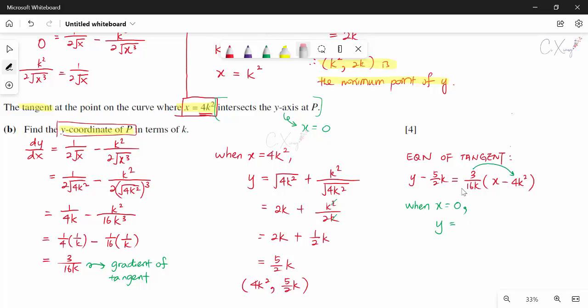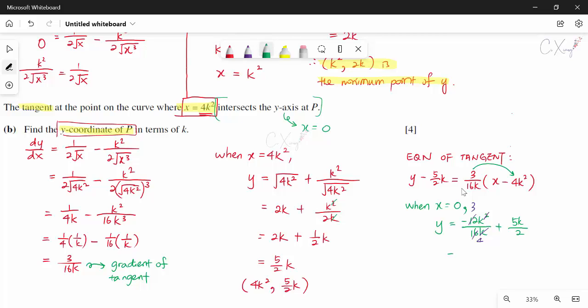What do you get? You have negative 12k squared divided by 16k, plus 5k over 2. From here, you can further simplify it. k and k can be simplified, and then this one is a 3, this one is a 4.